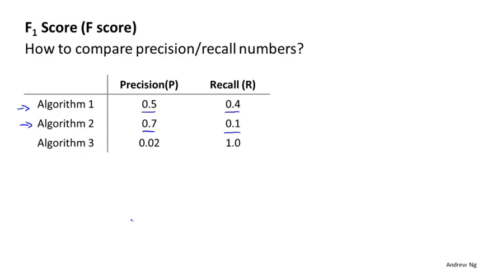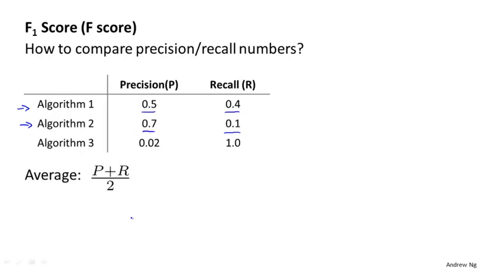Whereas in contrast, if we had a single real number evaluation metric, a number that just tells us whether algorithm 1 or algorithm 2 is better, then that helps us much more quickly decide which algorithm to go with, and to much more quickly evaluate different changes that we may be contemplating for an algorithm. So how can we get a single real number evaluation metric?